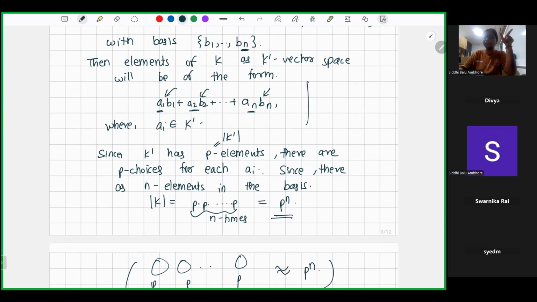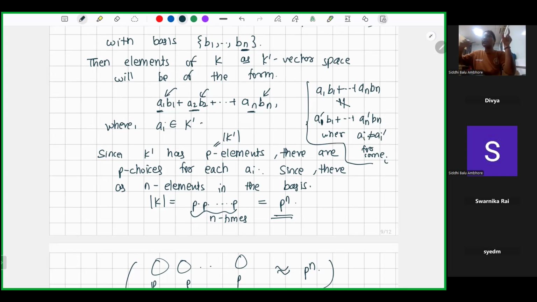So, for example, a1 b1 plus up to an bn is not equal to a1 dash b1 plus up to an dash bn when ai is not equal to ai dash for some i. The moment I have different coefficients, every time I am getting a different element. This is because of the uniqueness of expression.